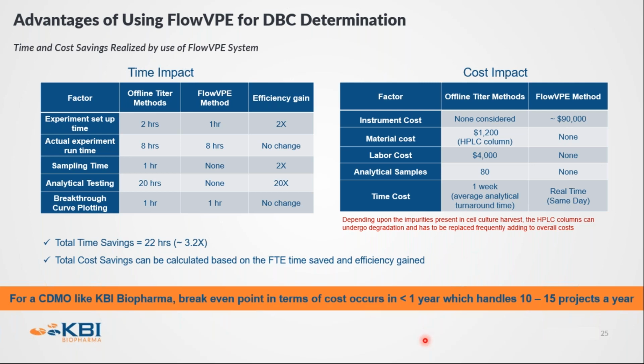That's a lot of efficiency we have gained in the past couple of years. And then we calculated that for a CDMO like KBI Biopharma, we handle around 10 to 15 projects a year, and we are able to break even in terms of the cost in around 6 to 7 projects. So within less than a year, we are able to get back however much we have invested in this instrument.